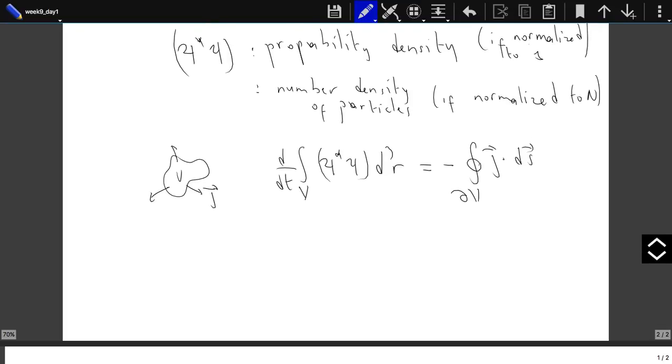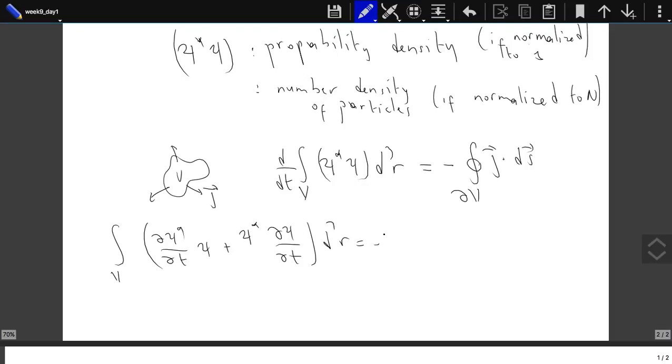Now let's just do the algebra. The derivative is del psi star by del t times psi plus psi star times del psi by del t, integrated over d cubed r.